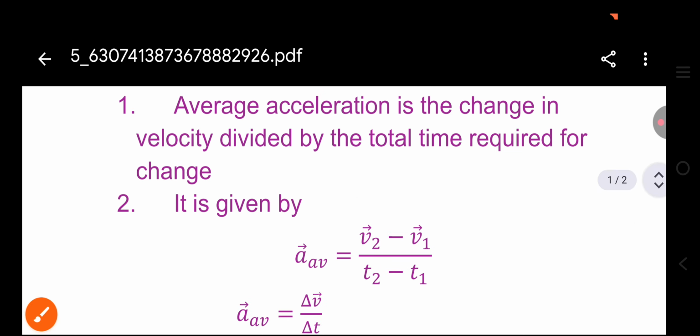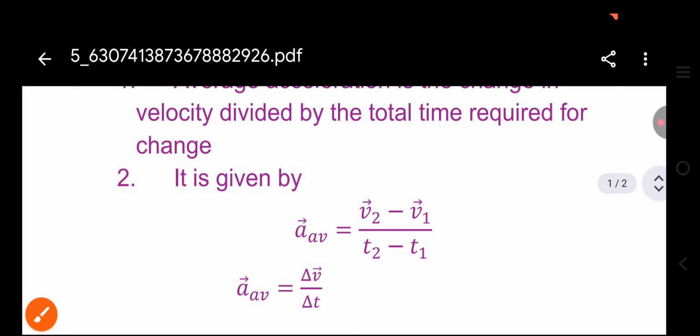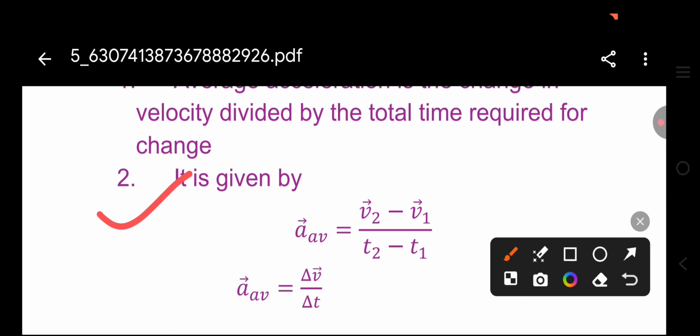Then it is given by, now average acceleration equal to v2 vector minus v1 vector, that is change in velocity, and t2 minus t1 is total change in time. Then the average acceleration is equal to delta v upon delta t.